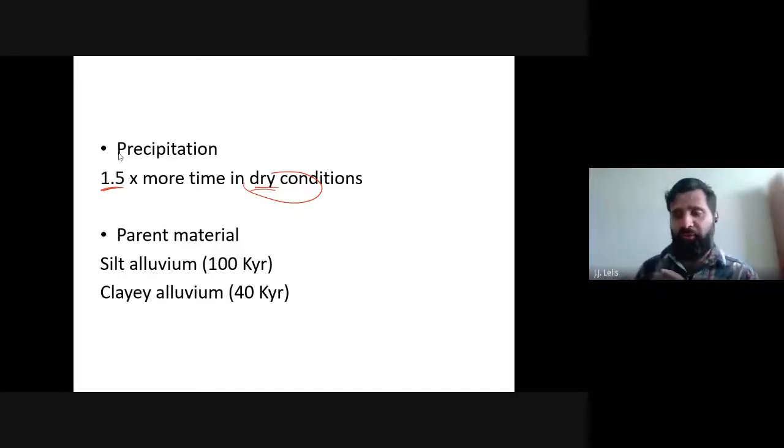So if you find a soil that presents an argic horizon and it was formed all the time in dry climate, of course you are looking at a very old soil, because it took more time than in wet conditions.